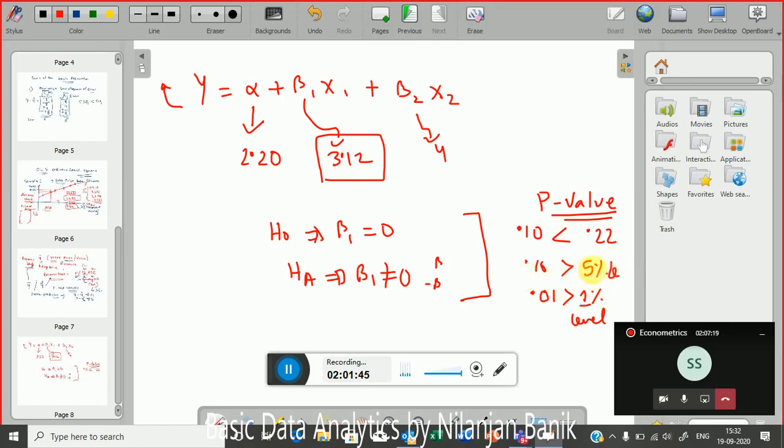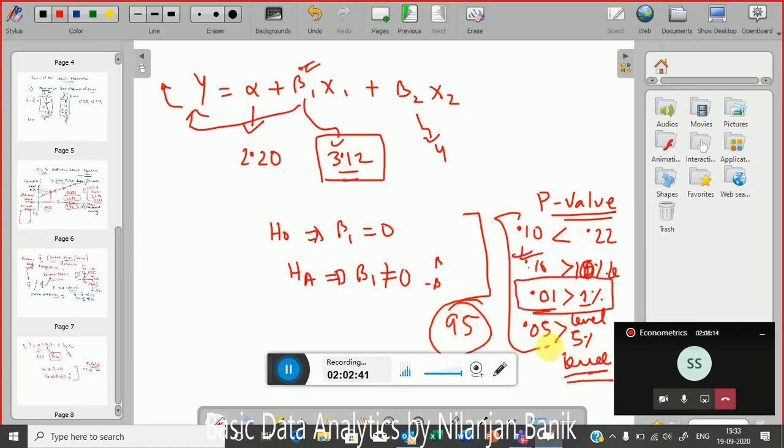Sorry, this is at 10% level. And if it is like this, this is significant at 5% level. Although 95% of the time, results are reported as significant at 10% level, 5% level, or 1% level.